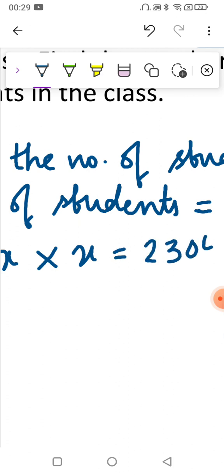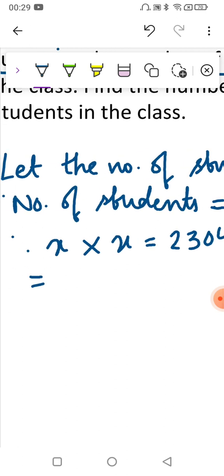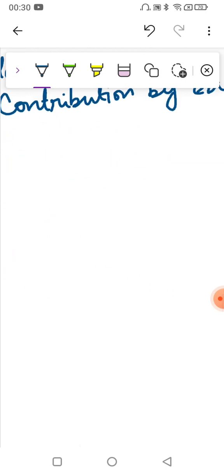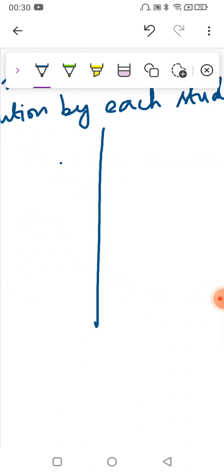So x squared becomes 2304. Now we're going to find out x, that is the square root of 2304.